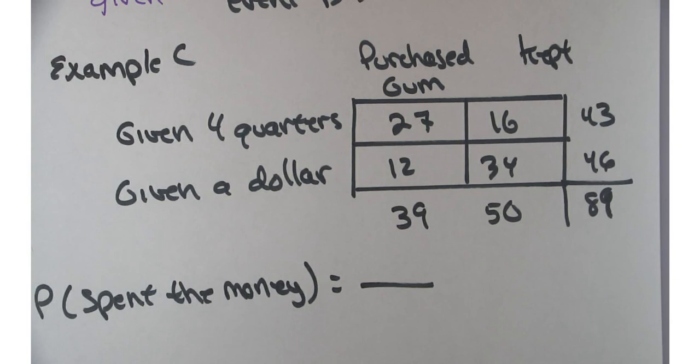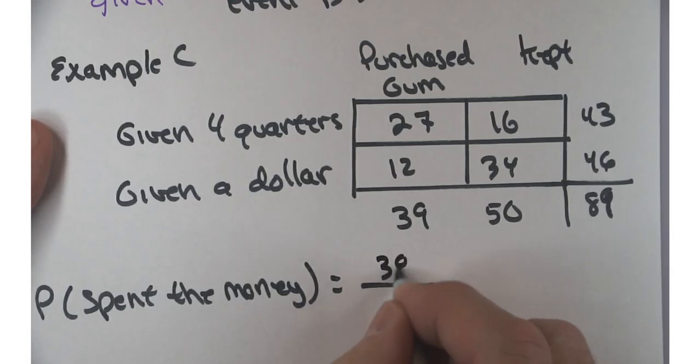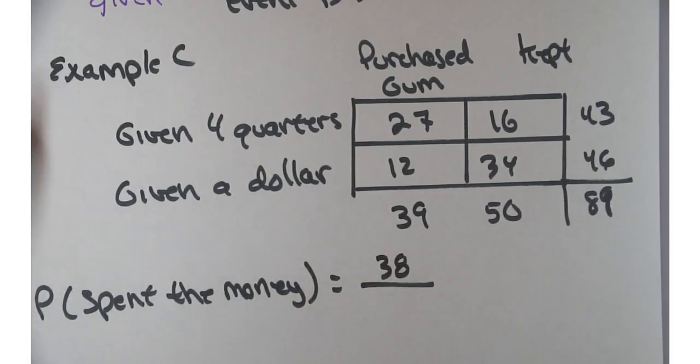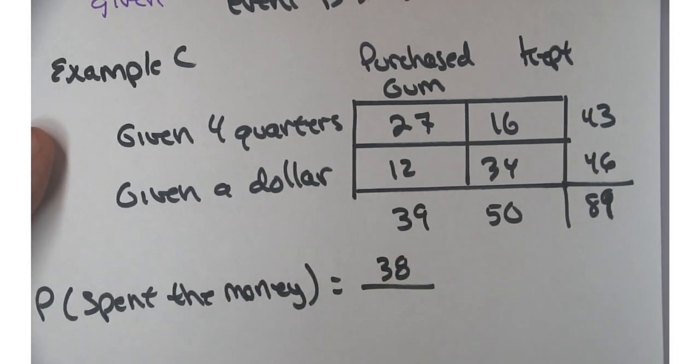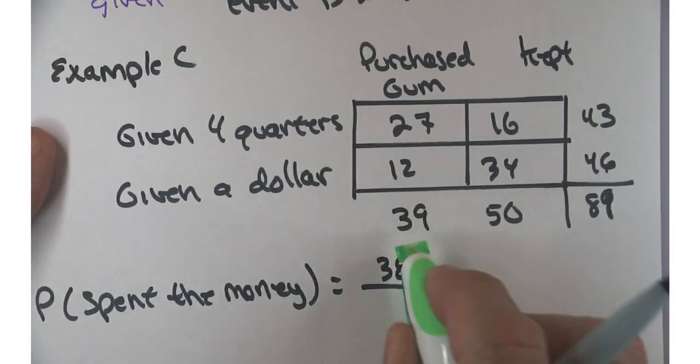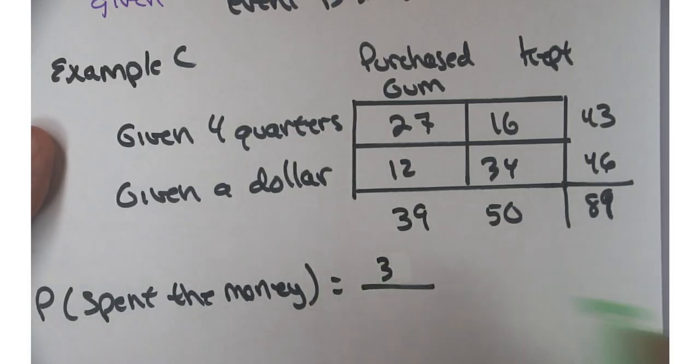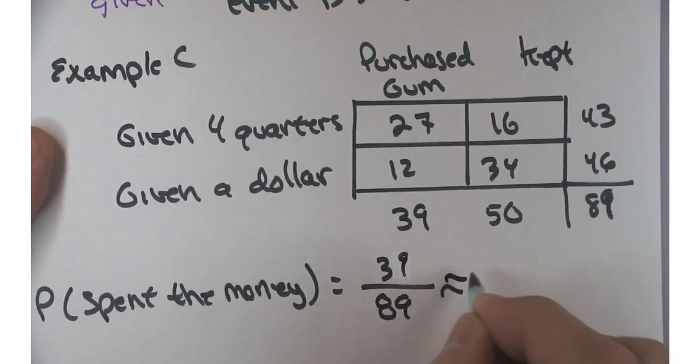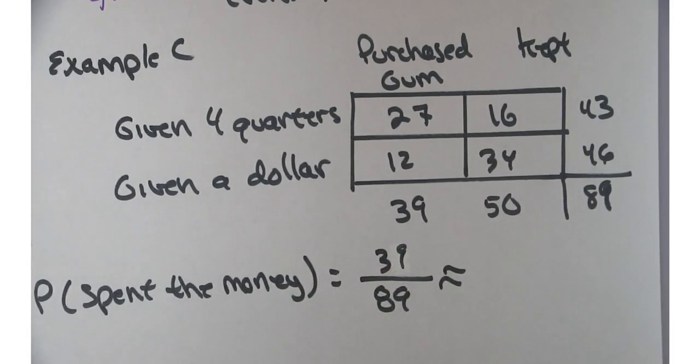What's the overall probability that they spent the money? I think I heard somebody whisper 39 over 89. Yep, 39 over 89. Nice. So that's about 43, 44%.